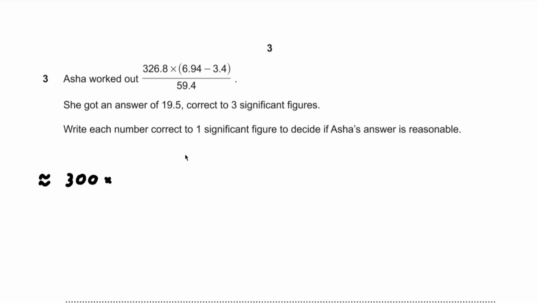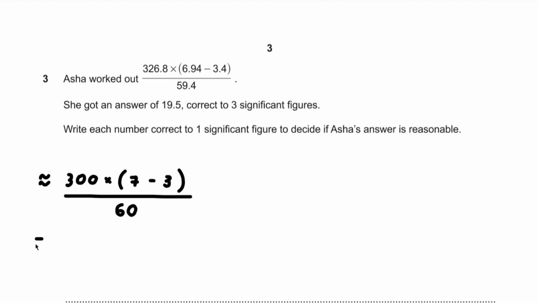And then we multiply this by what's in the bracket. And to one significant figure, we've got 7 subtract 3, all over 59.4, which is approximately 60.